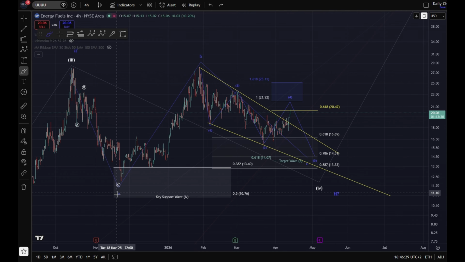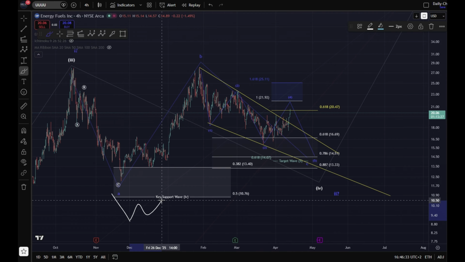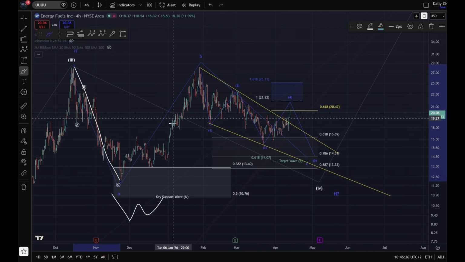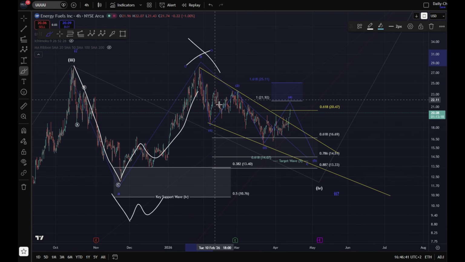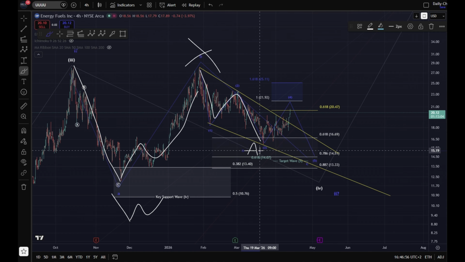And this could be also a W. So here ABC. And then we saw a 3-wave structure as well, A, B, C in an X wave. And therefore, it's possible that this is not a C wave, because in the Y wave, we are looking for an ABC to the downside. And this could be the A, B, C in a larger A wave, and that we now see a 3-wave structure into the B wave, what we labeled here as an A wave.